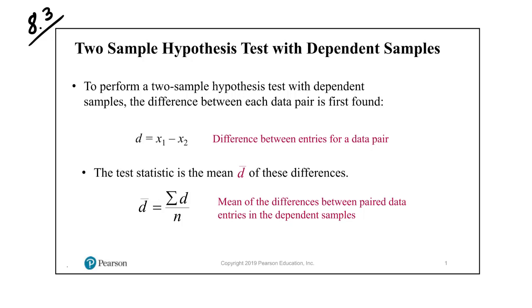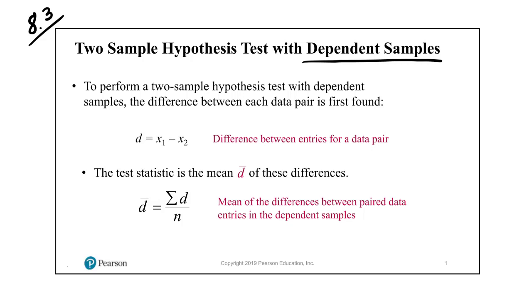So now we're going to look at two-sample hypothesis testing, but this time with dependent samples. What we did previously was independent samples. Remember, with dependent samples, we have a linkage between values in one population and the other. There's a direct correlation link between these values.